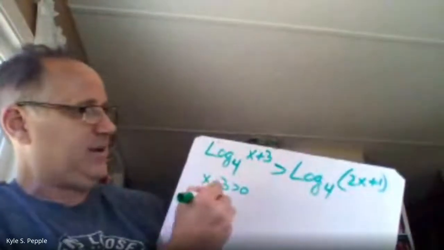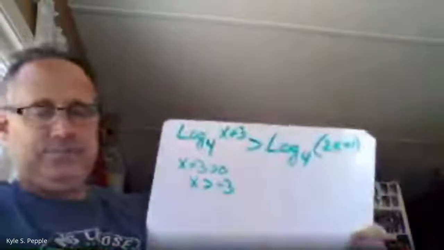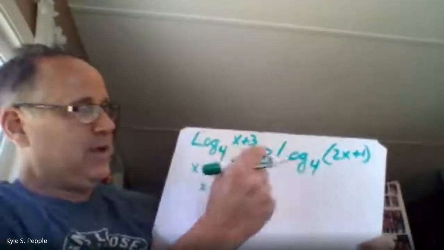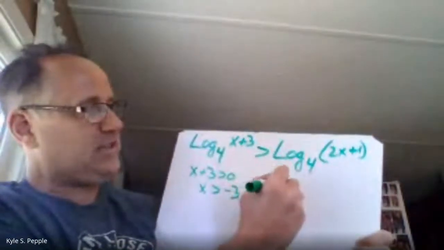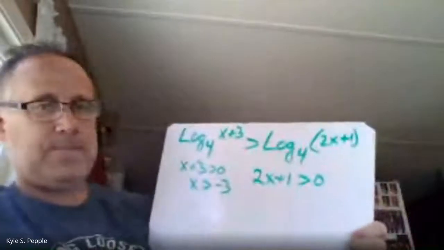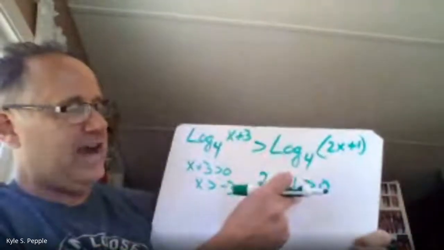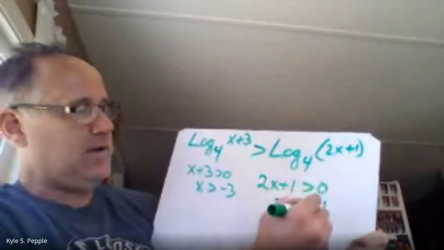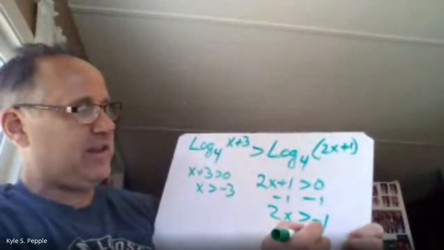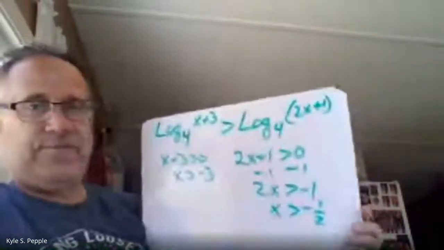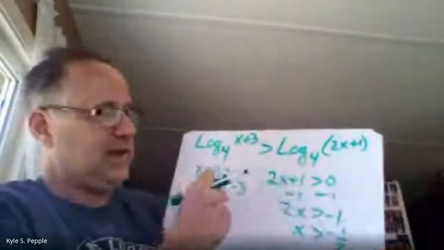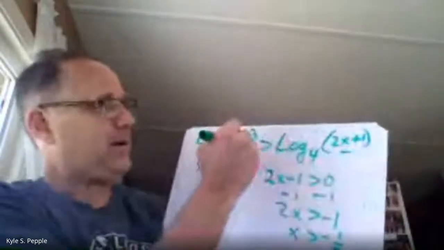So x needs to be greater than negative 3. We would do this, 2x plus 1 greater than 0. Solve for x. Subtract 1. 2x greater than negative 1. X greater than negative 1/2. So those are my two restrictions, based on what's up here.